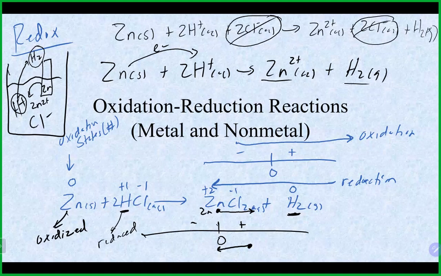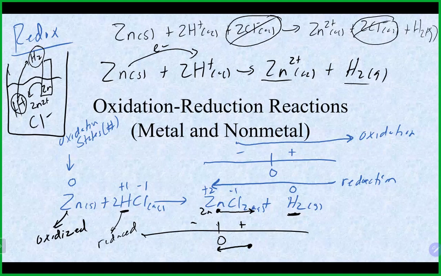Yeah, so for our class, it would be something that you'd be able to figure out, like their charges, like what's the charge of this guy in this compound. Yeah. So oxidation states are a little bit different than charges, and we're not going to go deeply into oxidation states. But for our purposes, just to help you understand what's happening with the electrons, you would be able to figure out the oxidation state based on the charge that you see there.